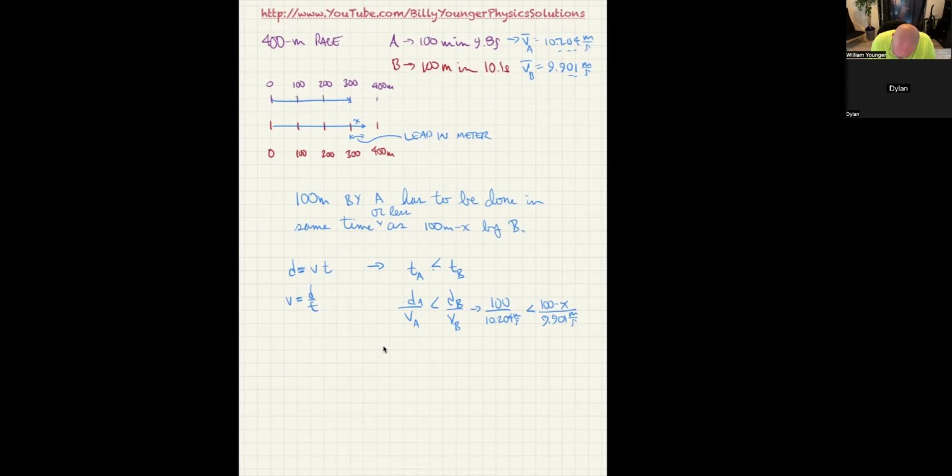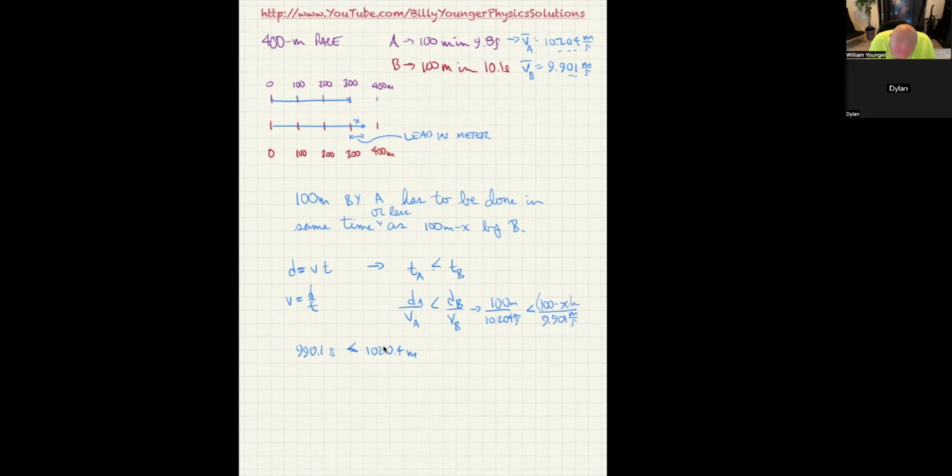So I can cross multiply and I'll get 990.1 seconds, because the 100 was meters, by the way. And this is technically also in meters. This has got to be less than 1020.4 meters.